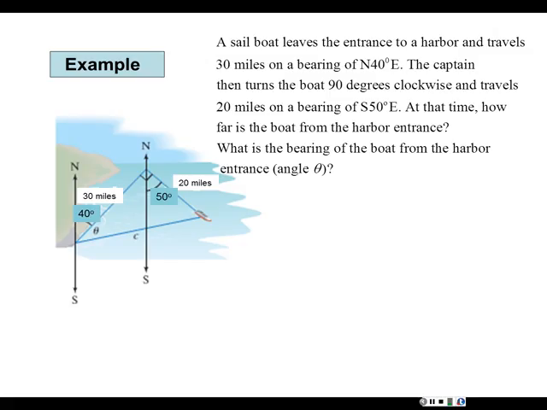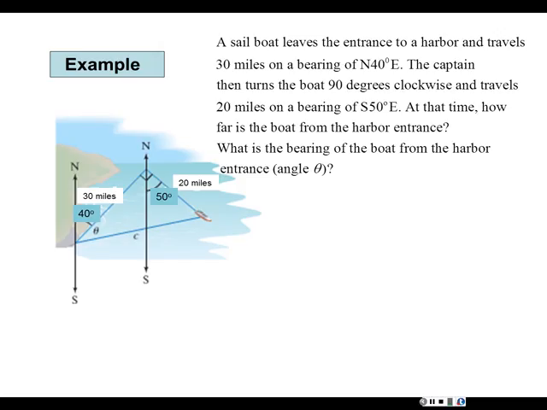So all you need to do is add the theta to the 40 degrees. So it will be 33.69 plus 40, which is 73.69. If we have to define the bearing of the boat from the harbor, how do you define it? You start from the north and go 73.69 degrees east, right?